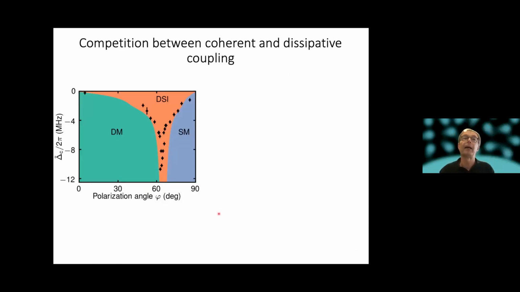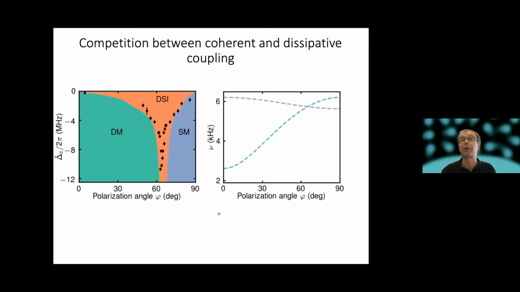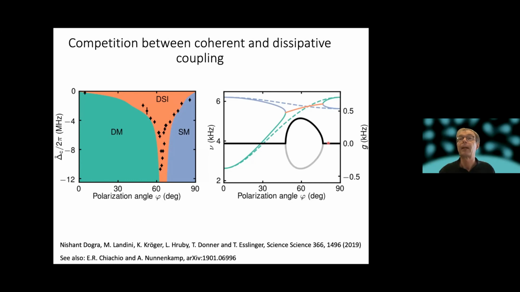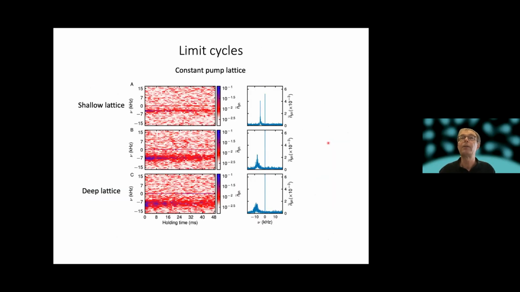And then you get this phase diagram, which I briefly discussed, as a function of polarization, where you see the modes and the locking of the modes. You see that the mode that is oscillating has a gain. And you can also get into a regime with a limit cycle, where it's oscillating at a fixed frequency.